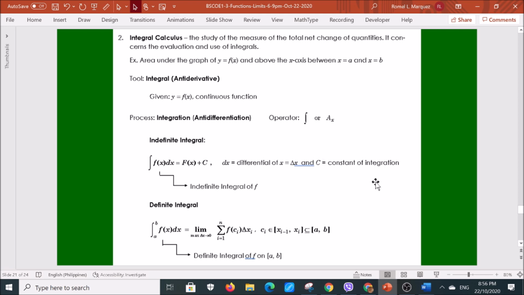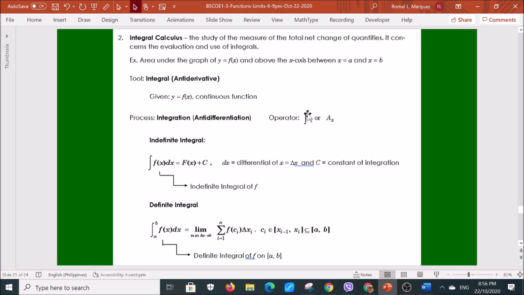If you pursue, for instance, BS math, even with piecewise continuity, you can get the integral. Unlike the derivative, which is very sensitive. So the process is integration or anti-differentiation.